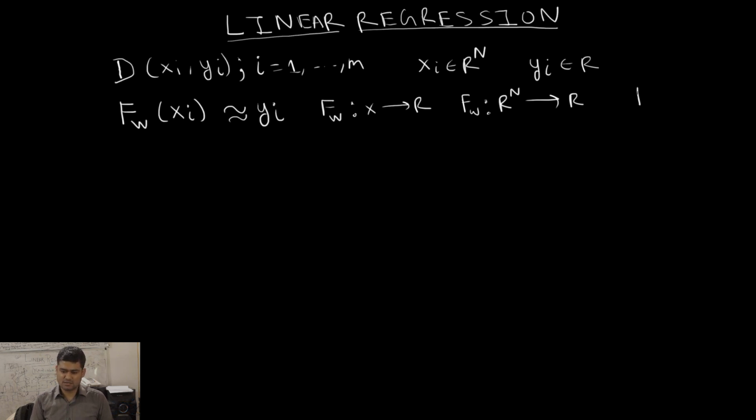Let's assume that the data set is drawn from some probability distribution P. For any real vector drawn from this distribution P, we can produce its corresponding scalar value using this function.